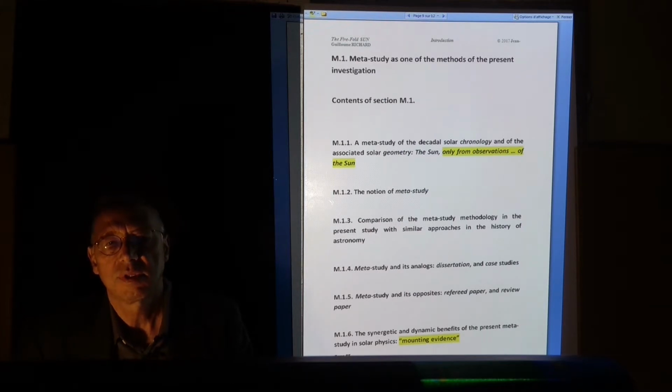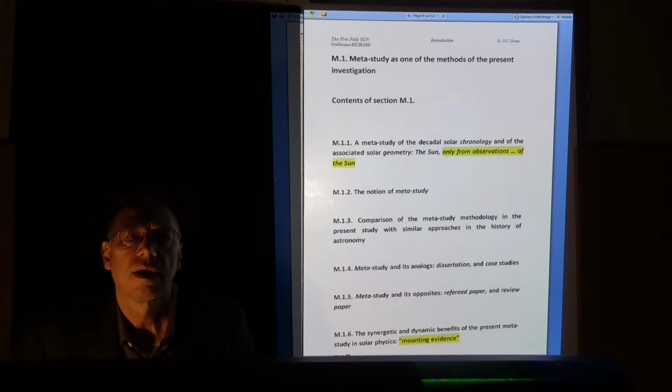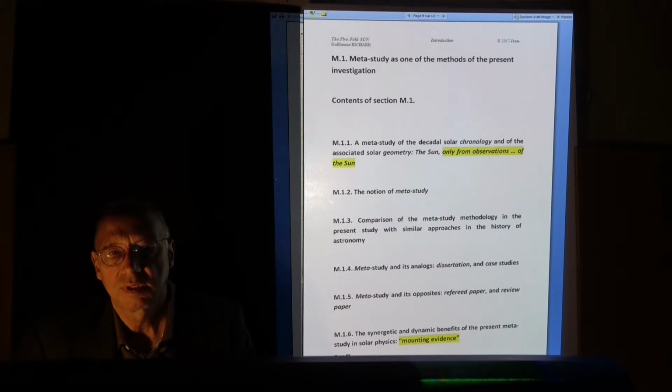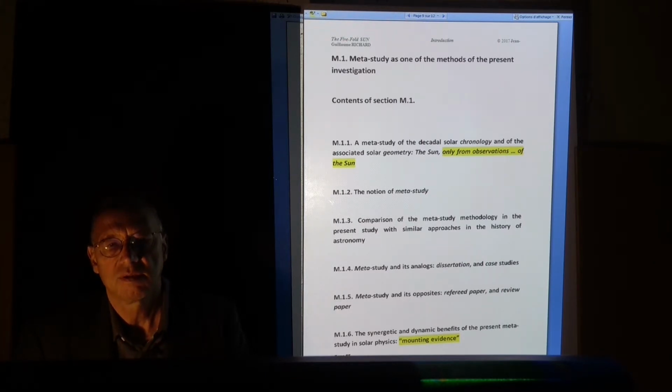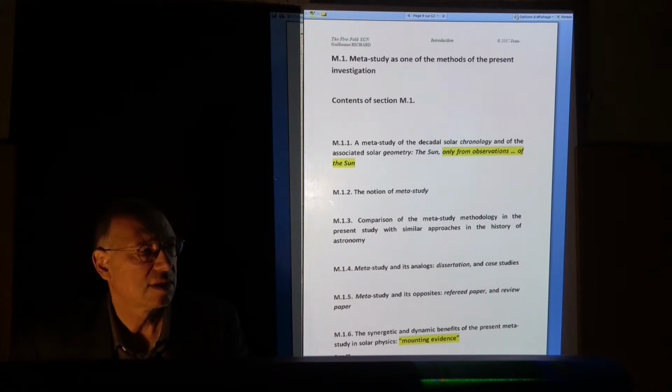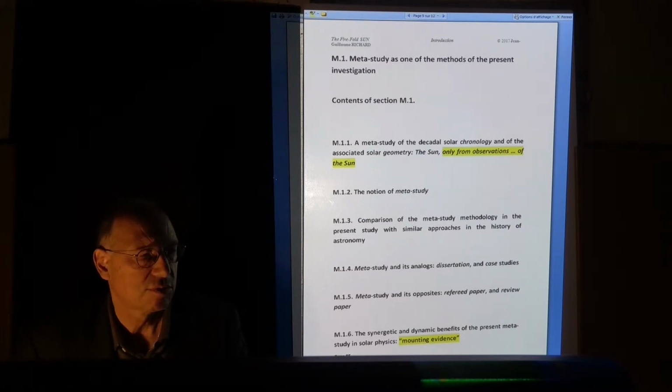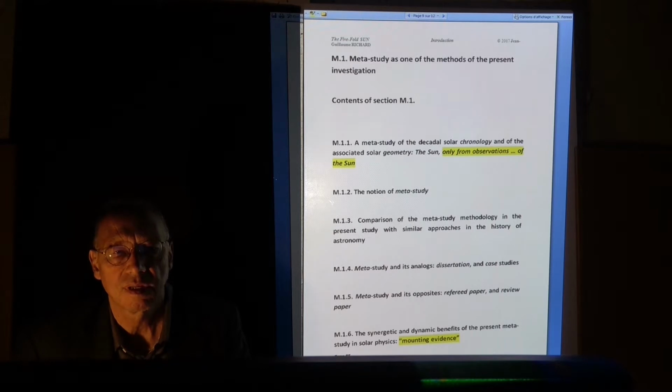I stress this point in the introduction, although it may be not so obvious to restrict the set of observations that will help understand the Sun to the Sun itself, because I have found that many astrophysicists who dealt with the Sun have relied on facts that were observed at Earth and were found not to be relevant to the workings of the Sun, not to say the physics of the Sun.